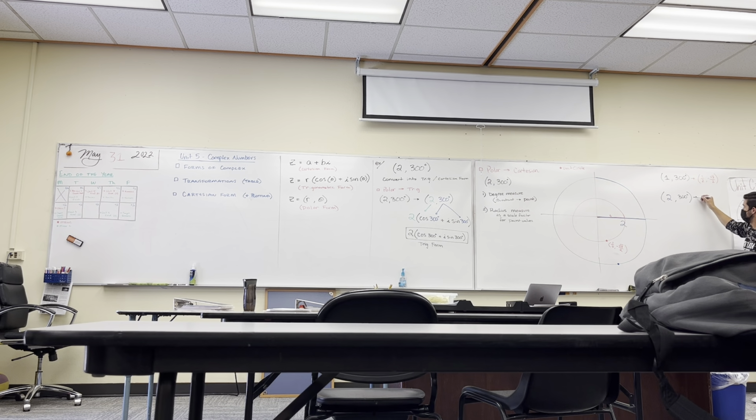So I'm going to take everything up here and multiply it by 2, which means my new points will be what? 1 and negative root 3.